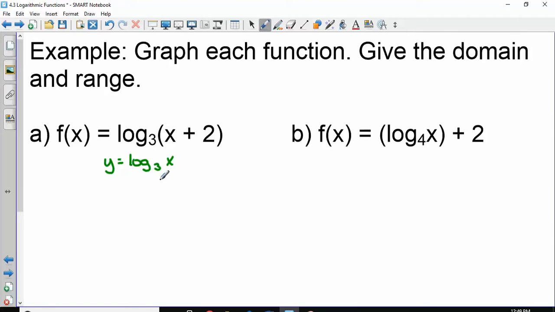So we need to put that in exponential form. So that's 3 to the y power equals x.